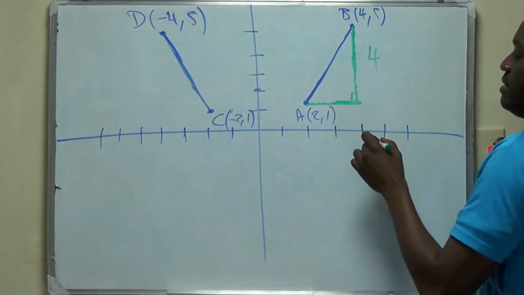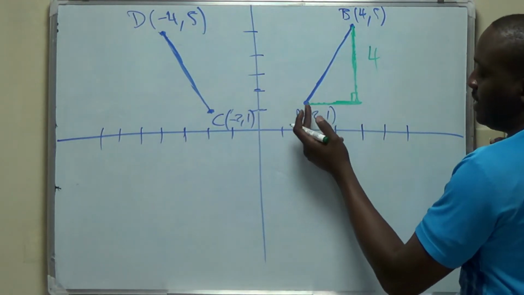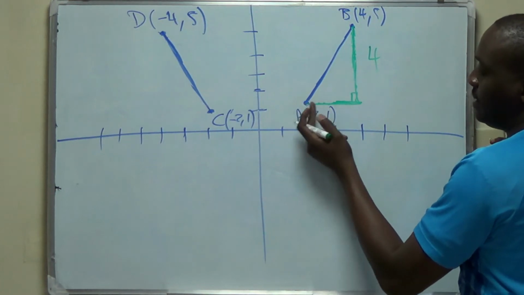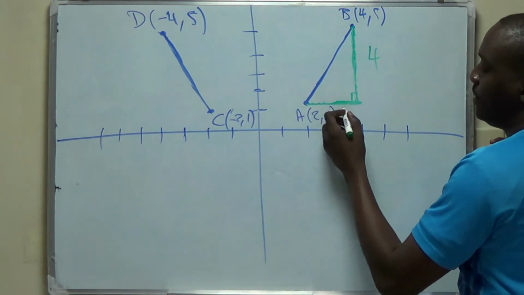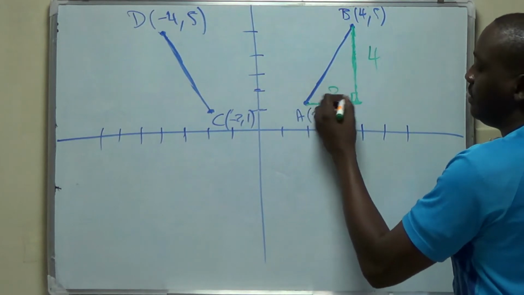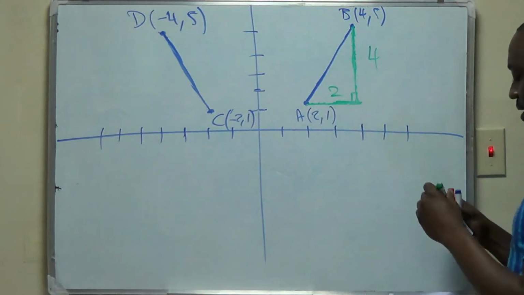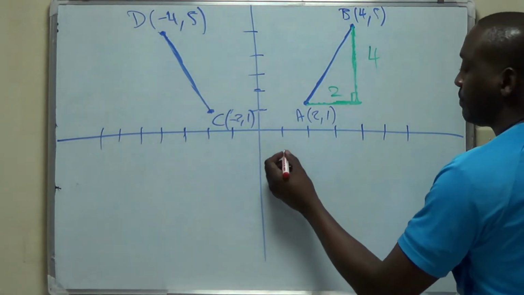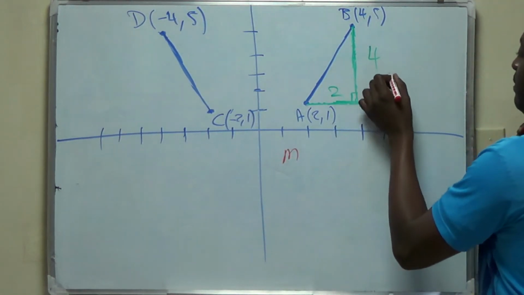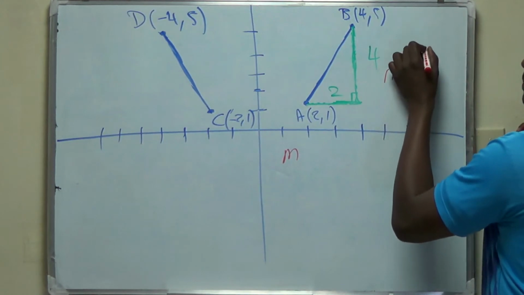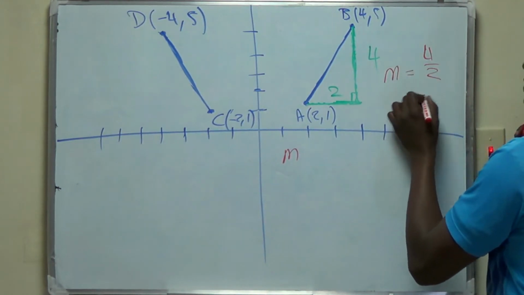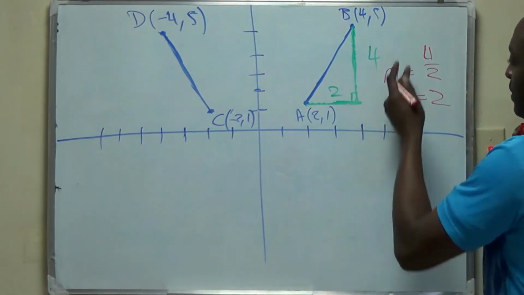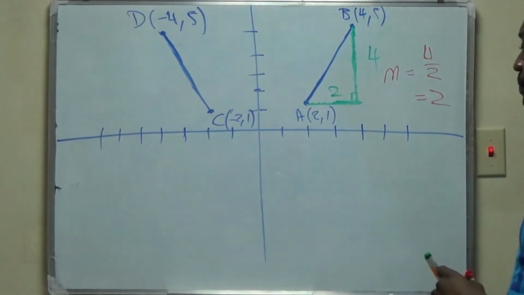So this vertical distance is 4, and we can see that this horizontal distance is 1, here to here is 1, and here to here is 2. So this horizontal distance is 2. So that the gradient m would simply be, I'm writing it up here in red, m would simply be 4 over 2, which is equal to 2. So your gradient here is equal to 2.